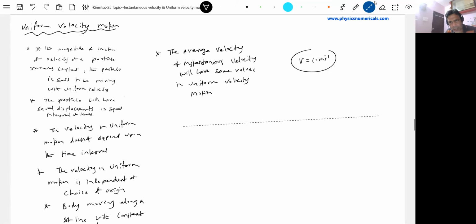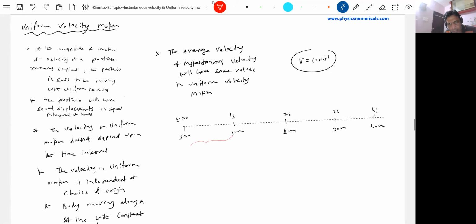Not able to understand? I'll give an example. This is S equals 0, T equals 0. In 1 second, it will cover 10 meters. In the next second, it will cover another 10 meters, 30 meters, 40 meters.